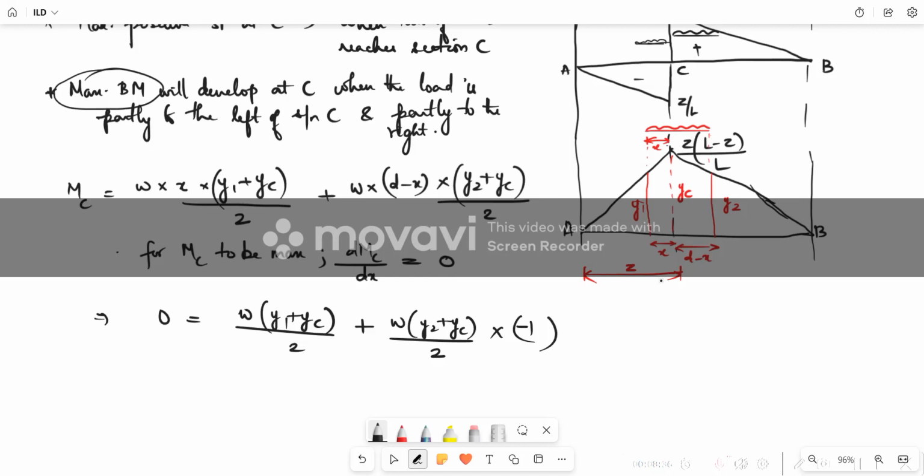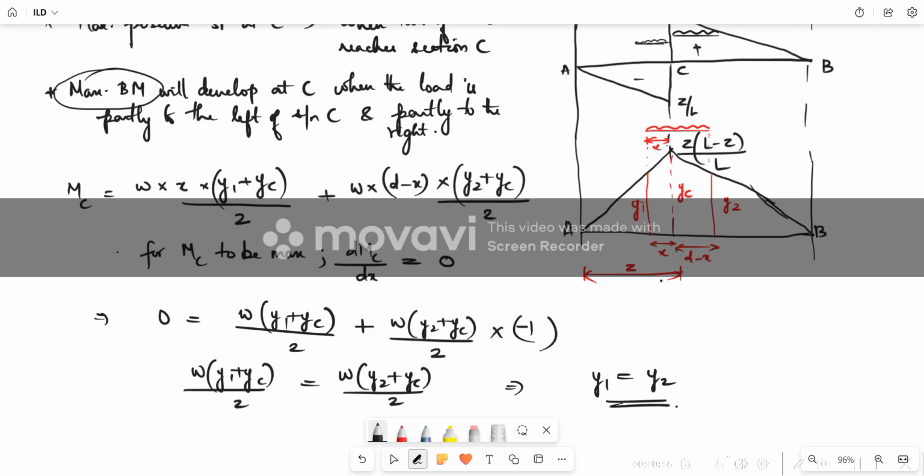So you can equate w into (y1 plus yc) by 2 should be equal to w into (y2 plus yc) by 2, or simplifying, w and w will get cancelled, 2 and 2 will get cancelled, yc gets cancelled, and finally what you get is y1 should be equal to y2.